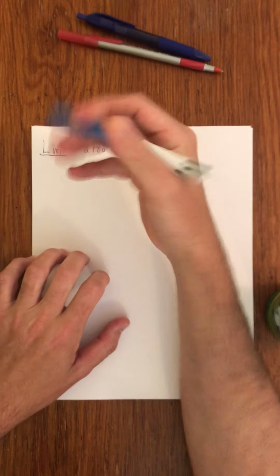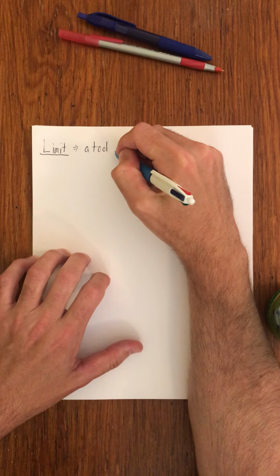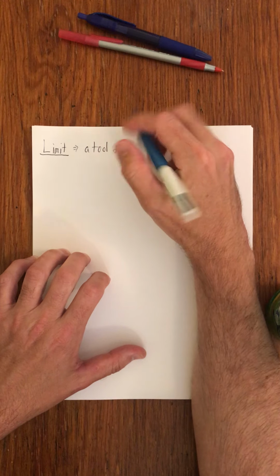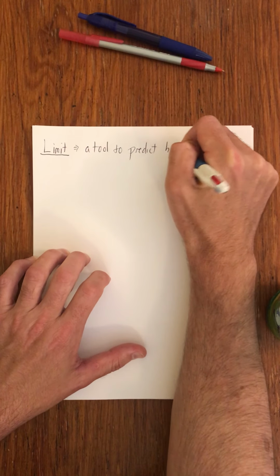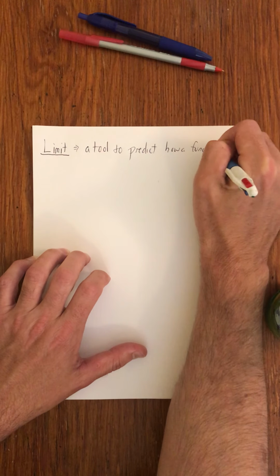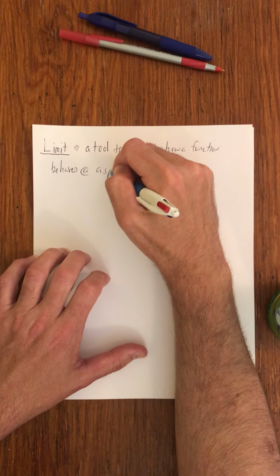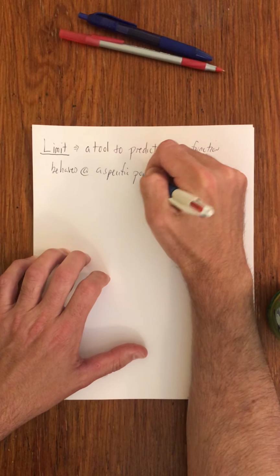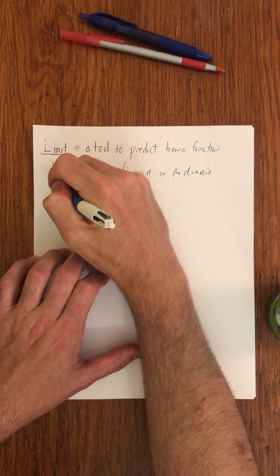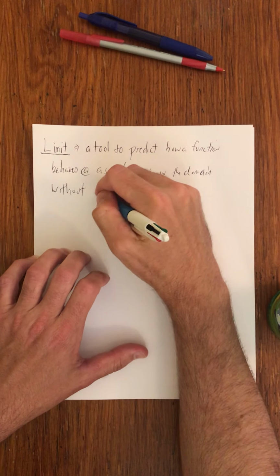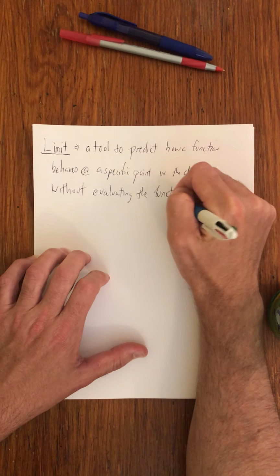Now your math classes, remember, are going to have discussed this in a very different sort of way, but it's a tool for us to predict how a function behaves at a specific point in the domain without evaluating the function at that point.